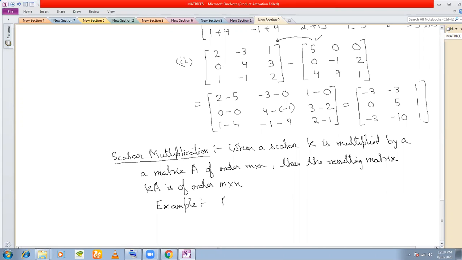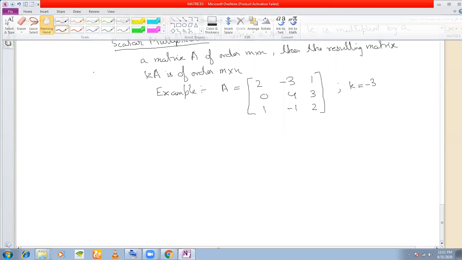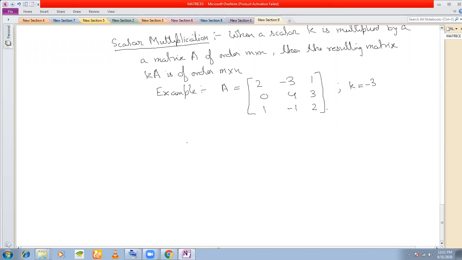Let us take the matrix A as this, and let us take the scalar k as -3. Therefore, see that this is a matrix of order 3.